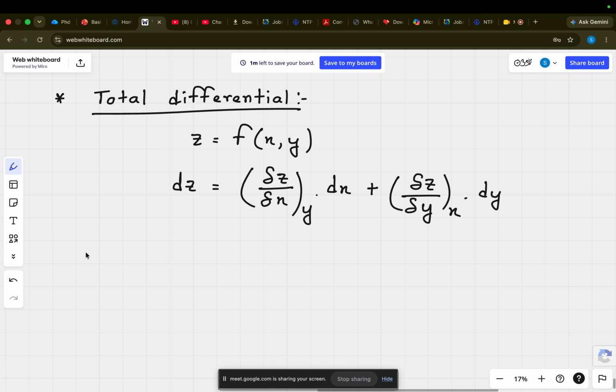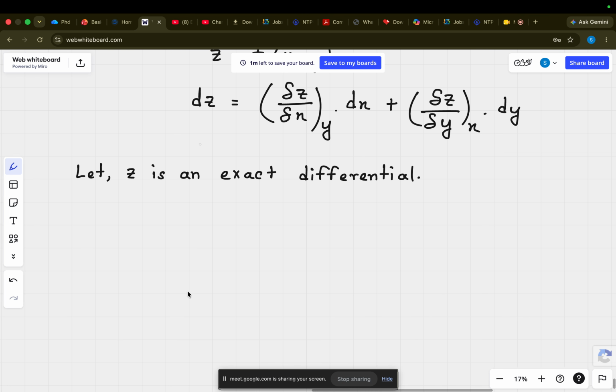Now write down that let z is an exact differential. So suppose z is an exact differential.